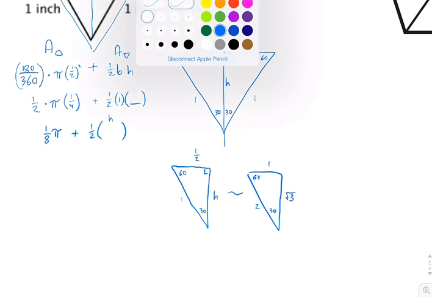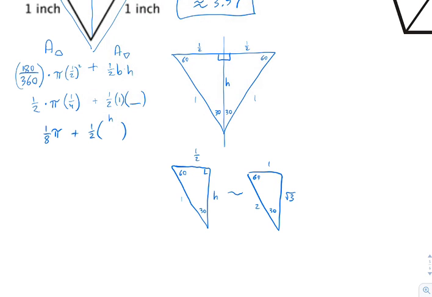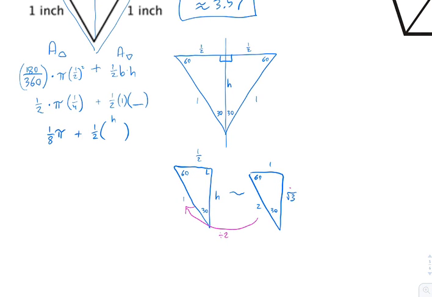What I can notice right now is that to get from this triangle to this triangle, the scale factor was I divided by 2, or it's a 1:2 ratio. So if I have √3 here, then h is just going to be √3 divided by 2. So I'm just going to put √3 divided by 2, and I'm done.